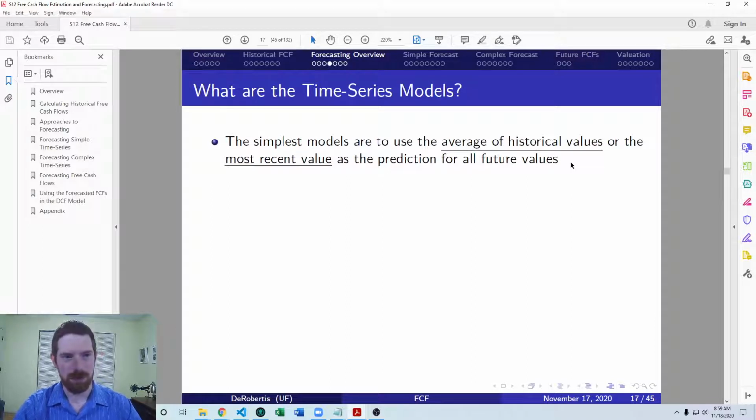Some of the simplest ones that you can use, and we'll look at calculating these in a future video. Very simple models, we can just take an average of all the historical and say, well, it's going to be at that average going forward. Or we can take whatever was the most recent value and just say, well, that's our best estimate.